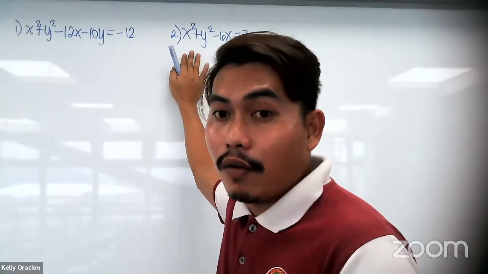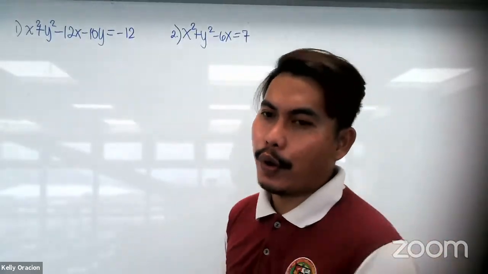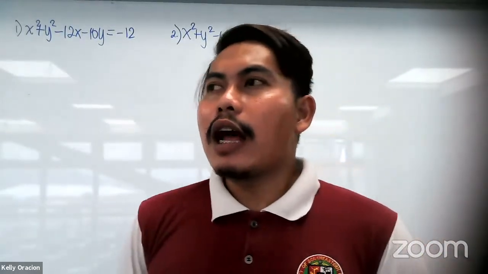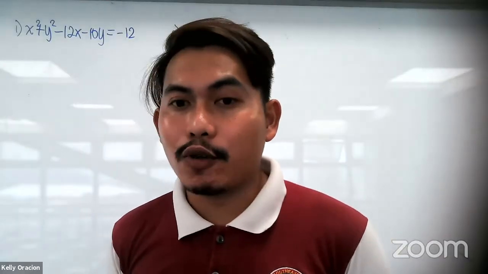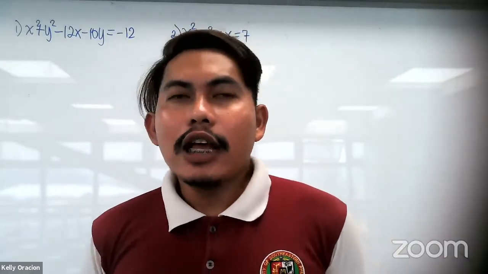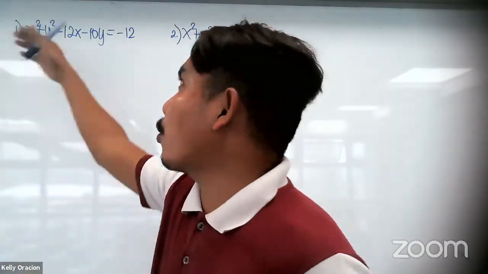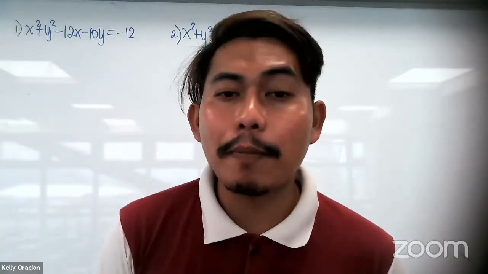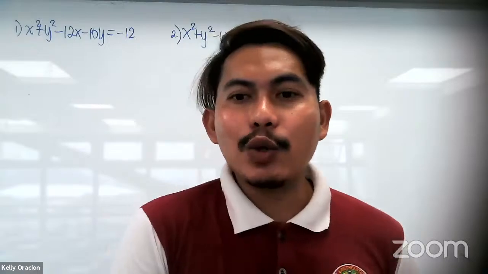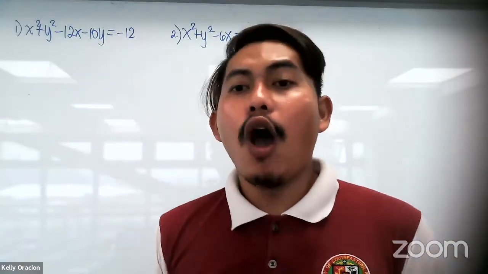The radius is 7 plus 9 and 16 is 4. Okay? So, I told you din last time na to review your lesson about completing the square. Okay? Kasi, that completing the square is very useful in our process dito. Okay? We will undergo completing the square process in order for us to transform general equation to the standard equation of our circle.